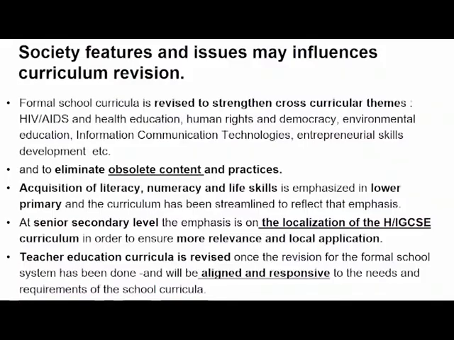Another thing which every society will focus on is the acquisition of literacy, numeracy, and life skills, which we emphasize in our lower primary. And then when we look at our secondary level, the emphasis has always been on the localization of the HIGCSE curriculum and to ensure more relevance and local application in the curriculum.